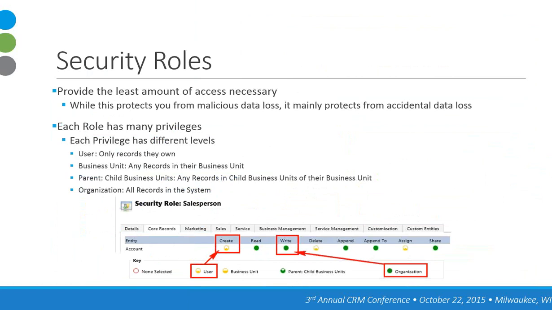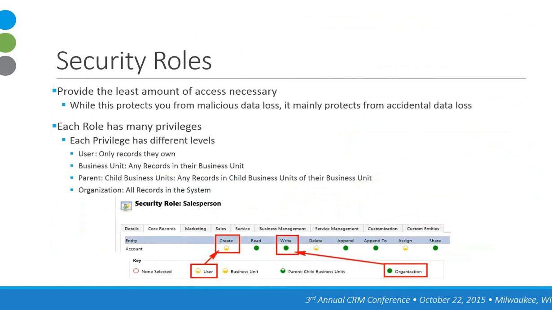Now, each one of these privileges has different levels, as mentioned before. If the little circle is completely empty, they'll have no access to do that. If it has the little quarter pie, it means they have access to do that to the records that that user owns. Going up to the half pie, that means they have access to do that privilege to any records in their business unit, if you use separate business units.